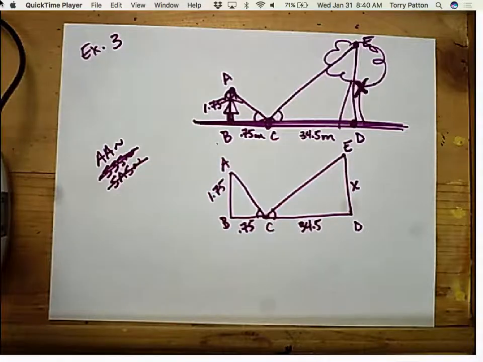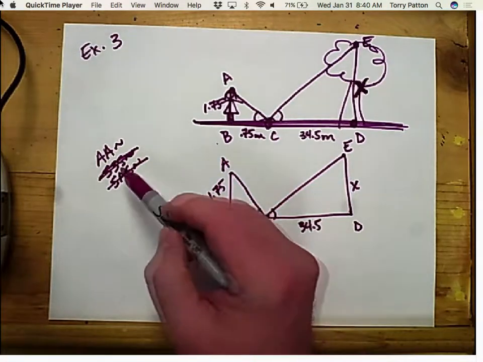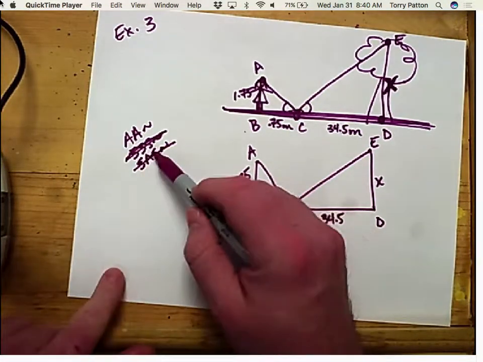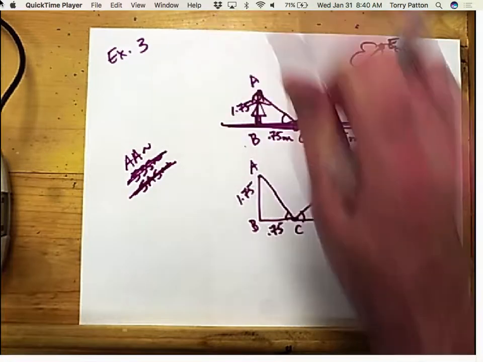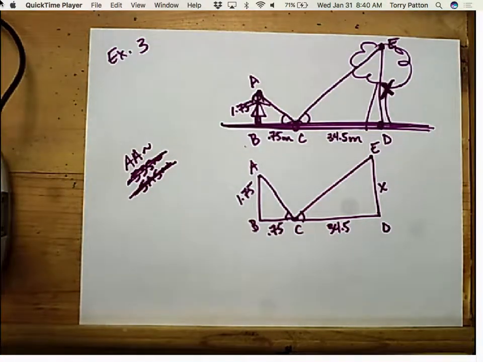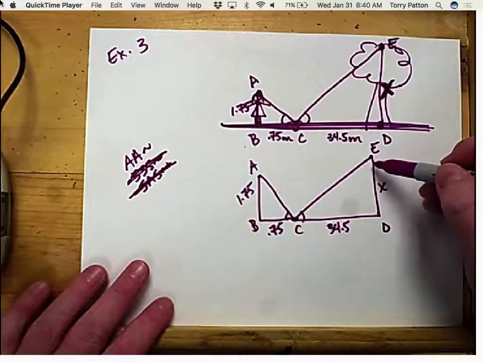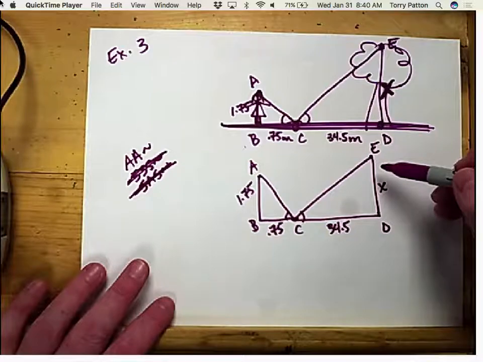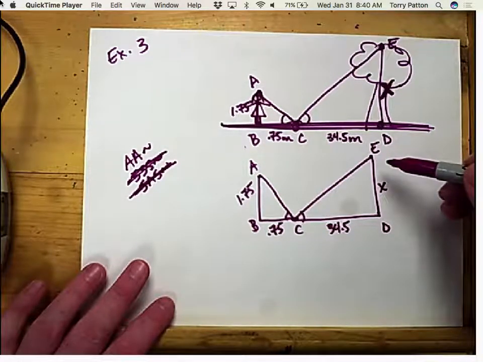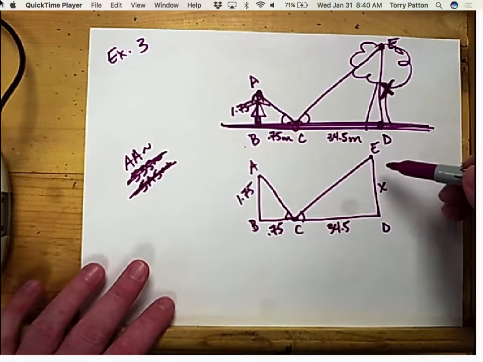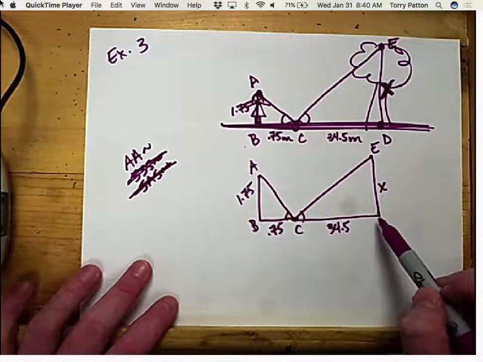So we have to use angle, angle. It's the only thing left. Okay? Well, we've got one angle. Can we prove this angle is congruent to that angle? How? What? You can't. Sorry. Okay. Can we prove this one is congruent to this one?